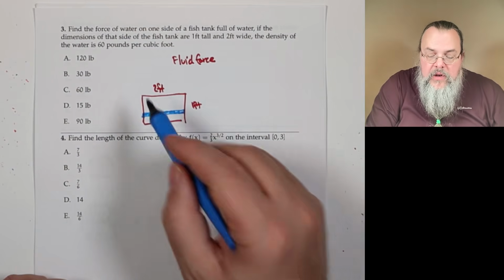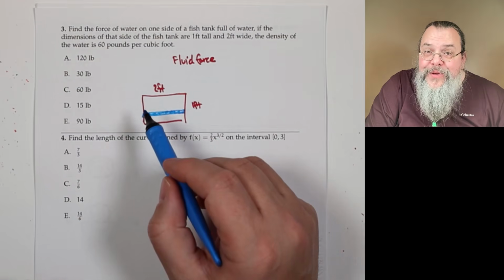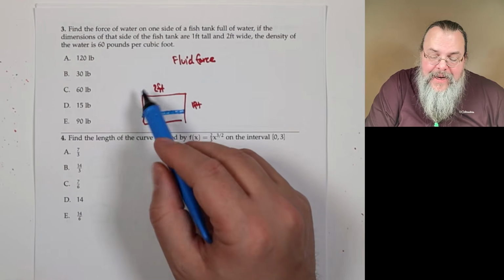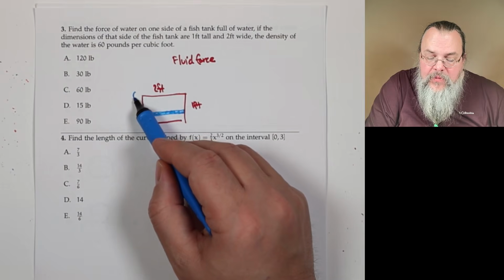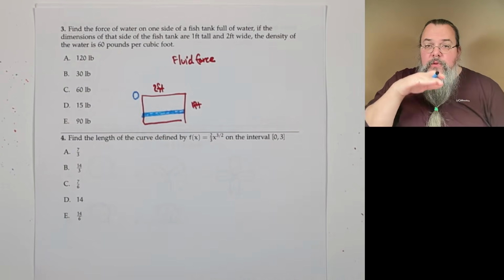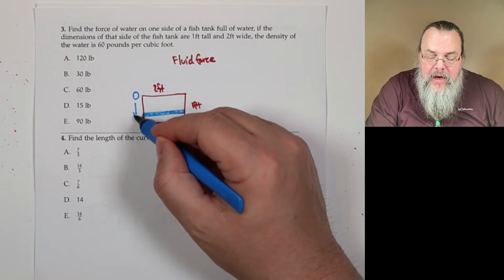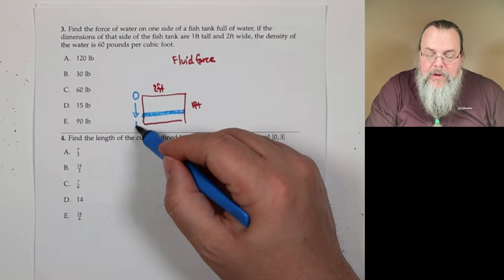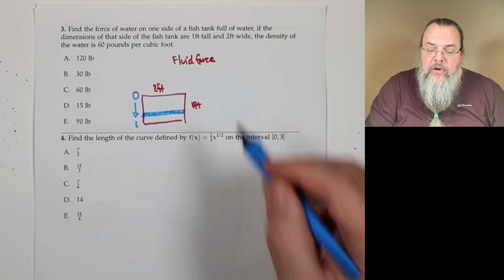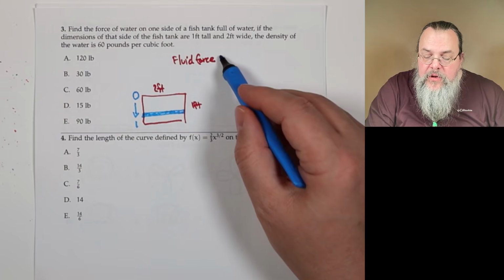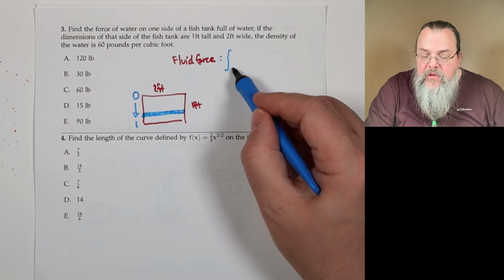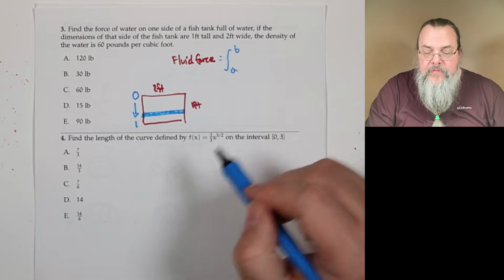And for convenience, it's good to pick a good place for 0. You want 0 to be where the top of the water is. And then going down, this would be 1.